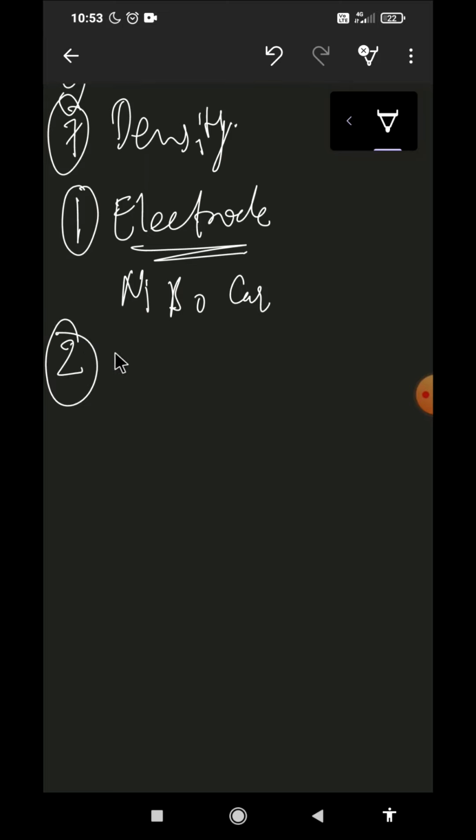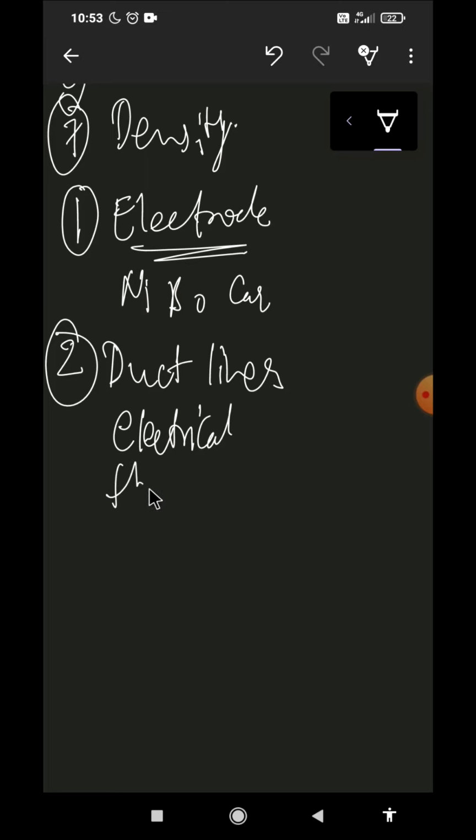Second, for the duct liner, which material can we select? The duct liner is cooler than the electrodes, so the materials must be both electrical and thermal insulators. Here the electrode should be conductive, but the duct liner should be resistant to conduction, meaning it should be an insulator.